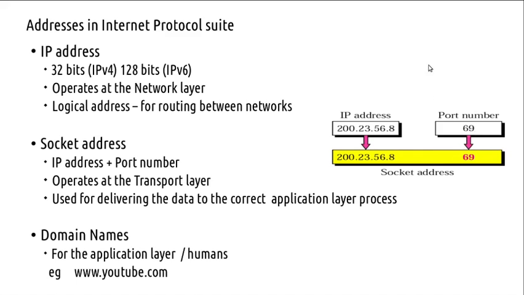Say for instance, the WhatsApp client is running on the application layer, and it communicates via port number 69. So the port address plus the IP address of the destination network, that we can call a socket address.